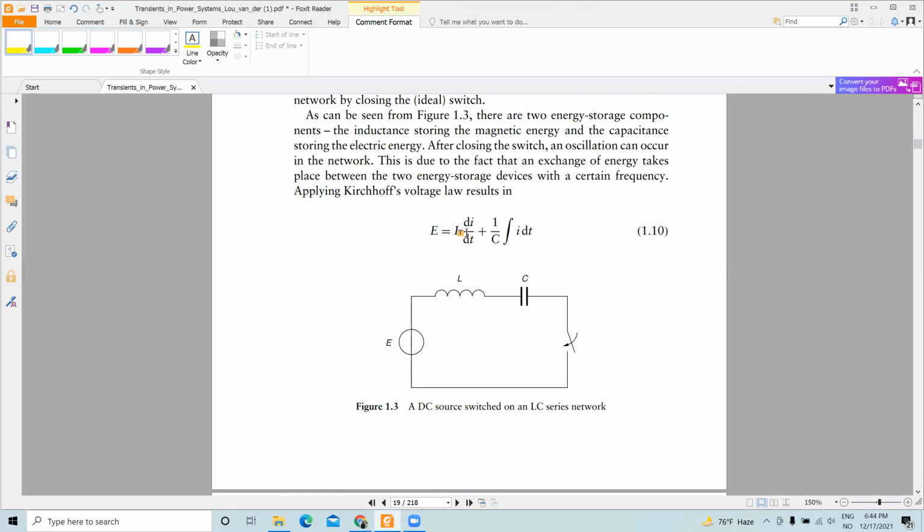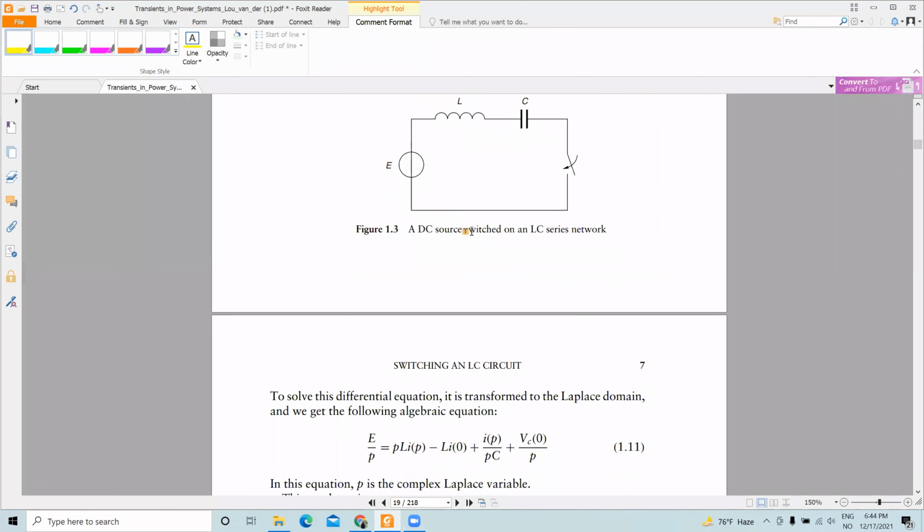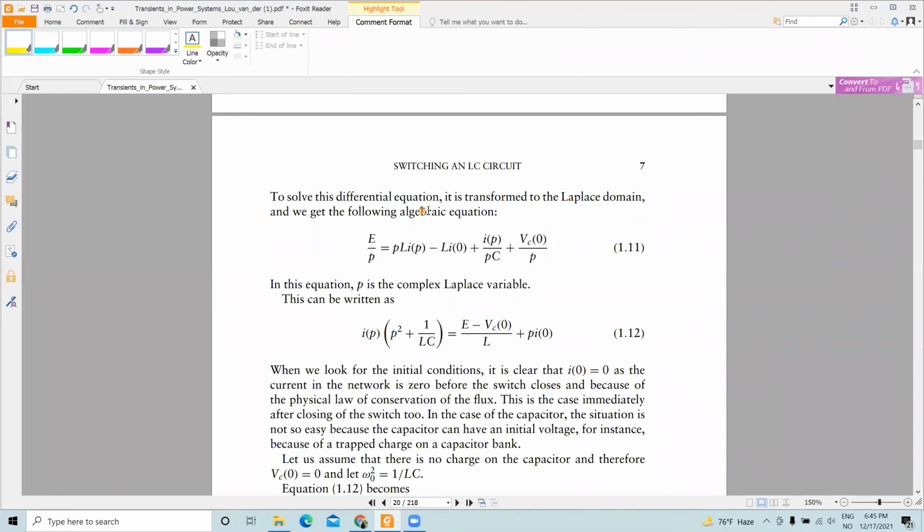If you do the derivation again, then you will have 1 over C times I, and E di/dt equals L d square I/dt square. To solve the differential equation, it is transformed into the Laplace domain, and after transforming into the complex Laplace variable P, this can be written in this form.